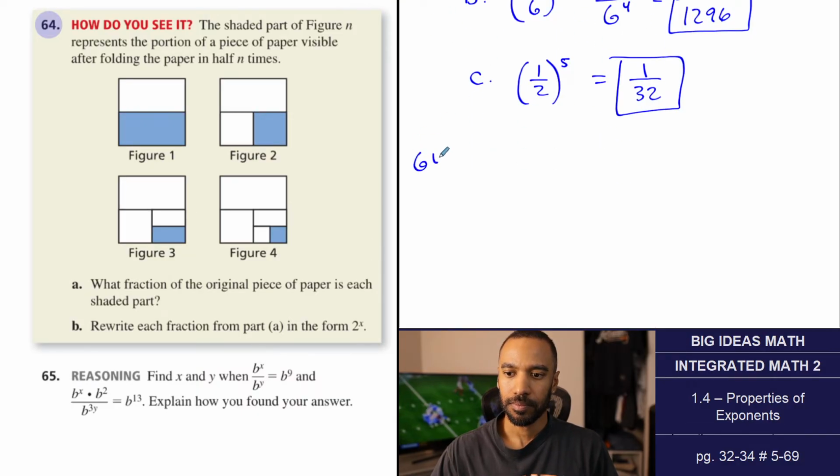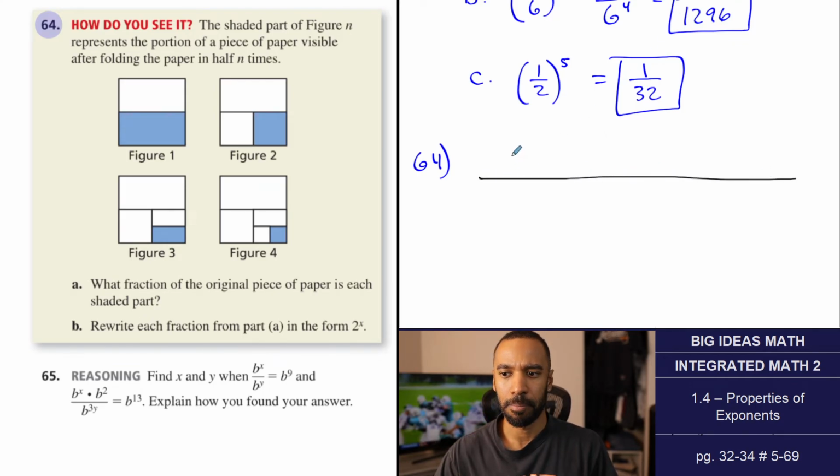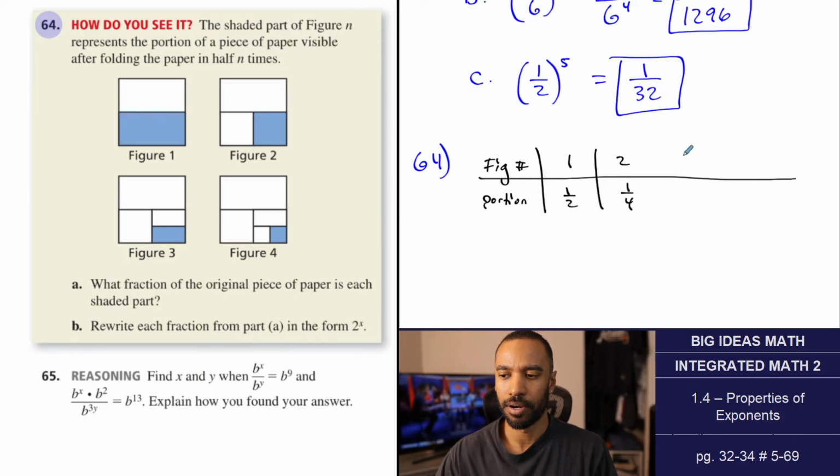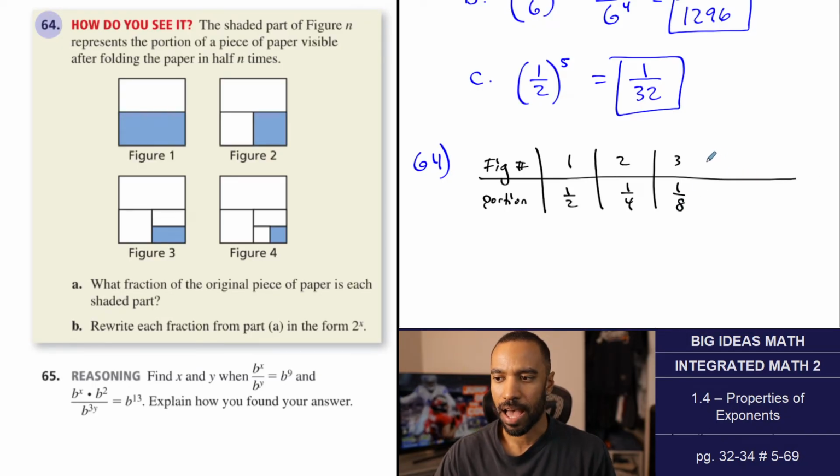Well, let's kind of make a table out of this one, because you see half of the paper in figure 1. So figure number and portion of paper. Figure 1 has 1/2. Figure 2 has 1/4. Figure 3 has 1/8, because you do a half of a quarter.